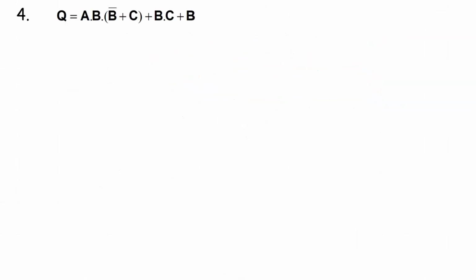Okay, A and B and not B or C, or B and C. Okay, let's think. Where should we start? That is B, because it's B or B and something, so we know that's just B. Anything I can do there? No, I think we're going to have to multiply this out.